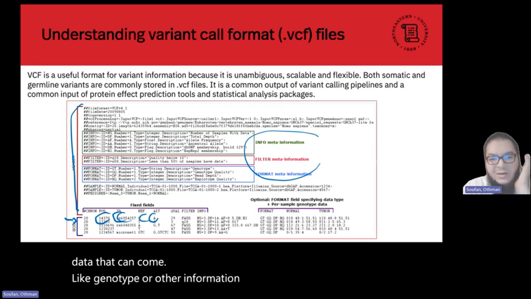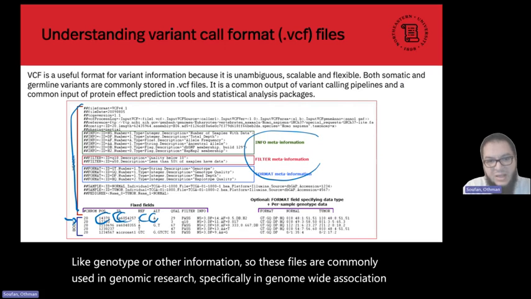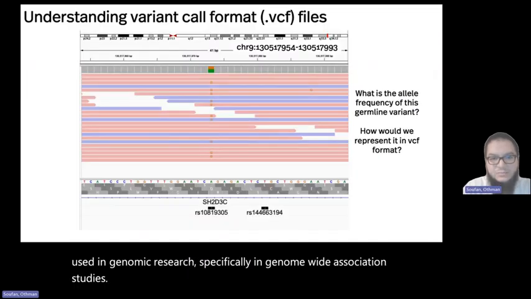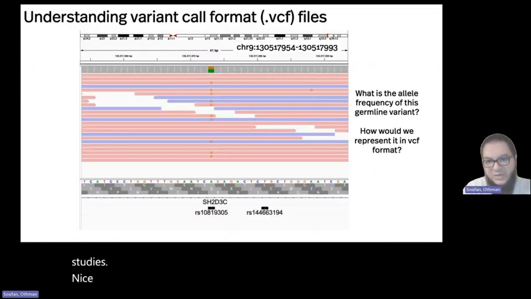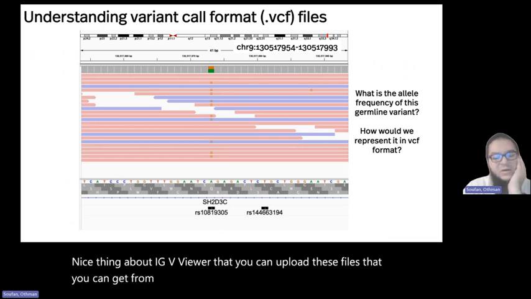So these files are commonly used in genomic research, specifically in genome-wide association studies. A nice thing about the IGV viewer is that you can upload these files that you can get from one of the pipelines or the tools.